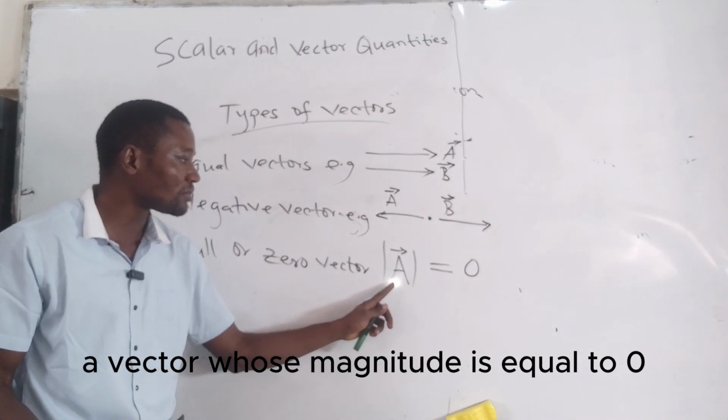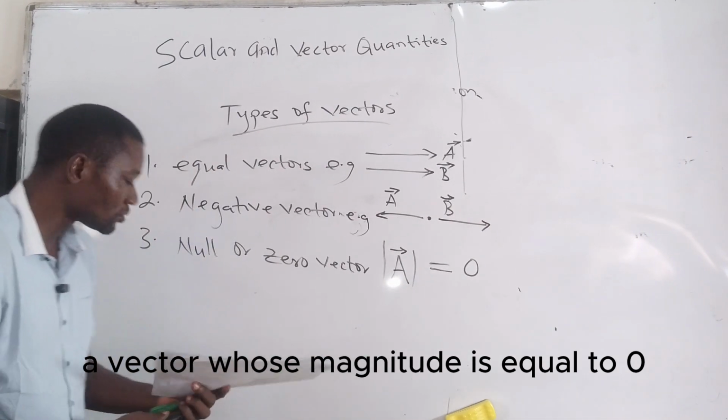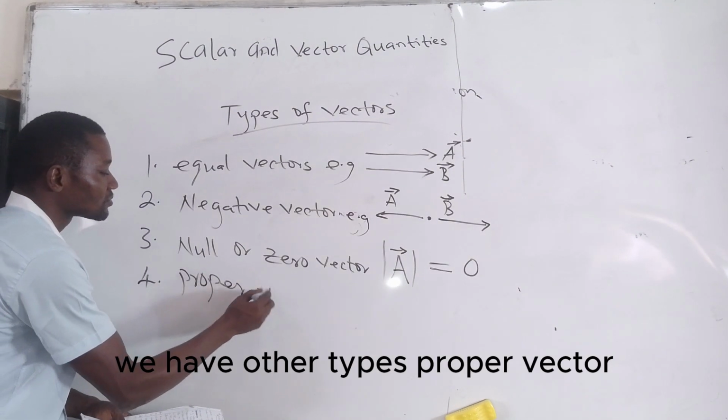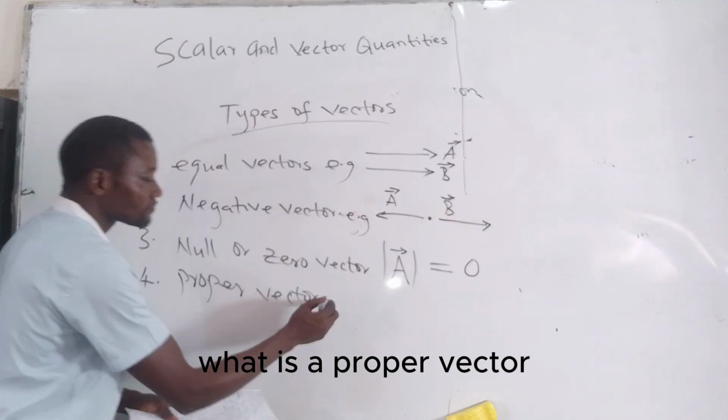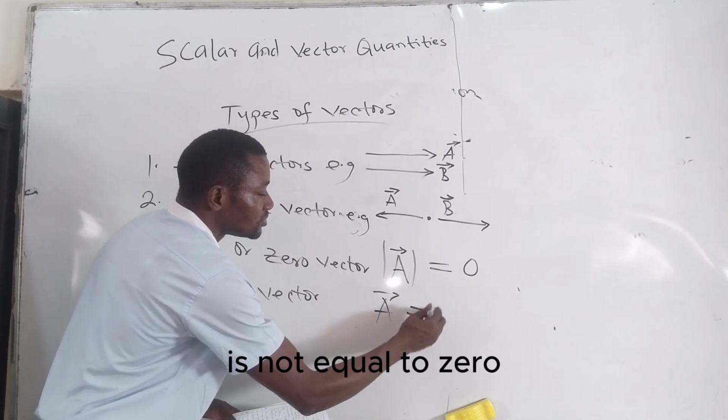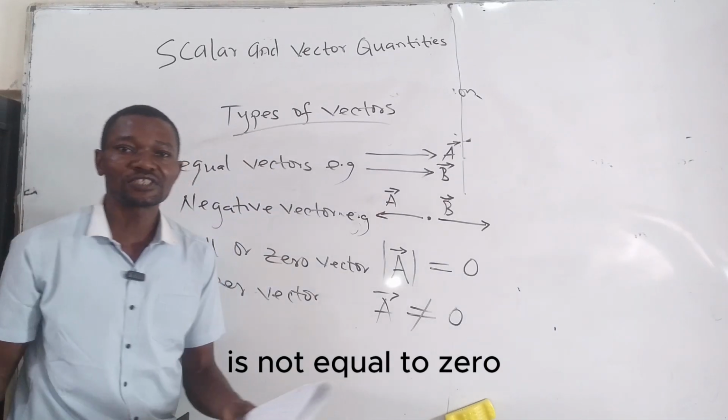A vector whose magnitude is equal to 0. We have other types, proper vector. What is a proper vector? A proper vector is a vector whose magnitude is not equal to 0.